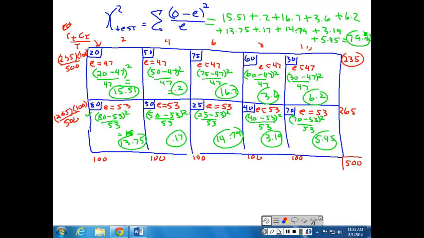So remember we said we'd reject if it was greater than 9.49. So 79.56 is greater than 9.49.